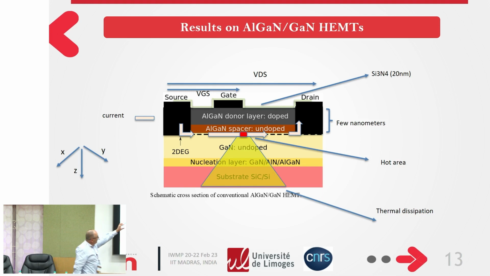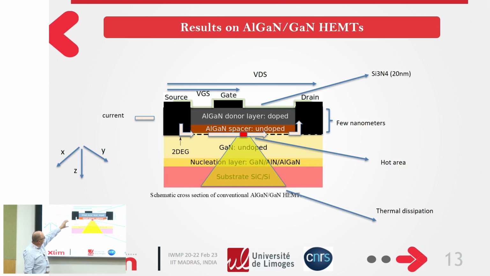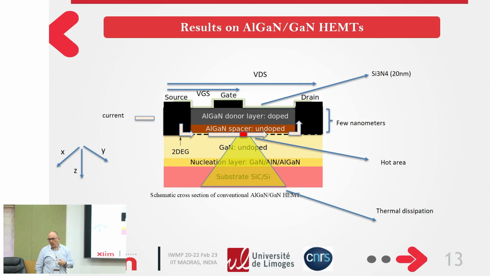So these layers are very small, only a few nanometers, and the GaN buffer is around 2 micrometers, and the substrate for the UMS device is about 70 micrometers. So we have a very strong difference between Z dimension and X and Y dimension.